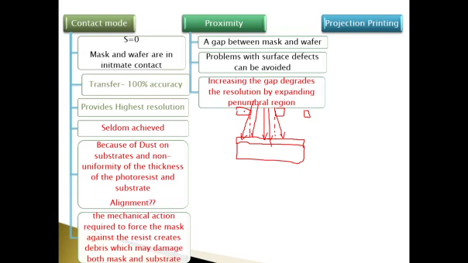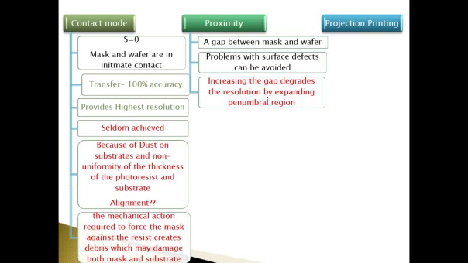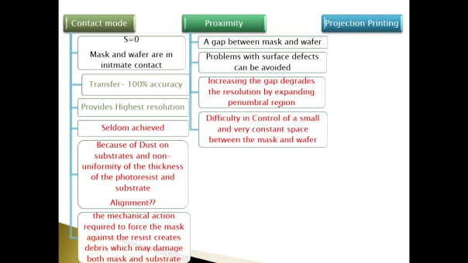If the mask is closer, then the penumbral region will be very much less. So increasing the gap between the mask and the wafer will expand the penumbral region, and that will affect how the patterns are transferred. There is also a difficulty in controlling the gap, because the gap at one end has to be the same at the other end also.